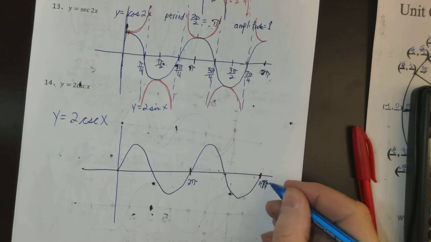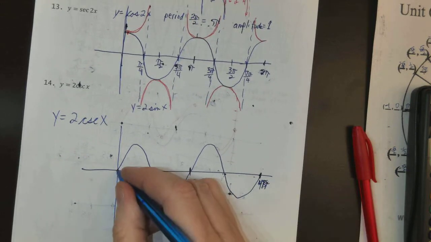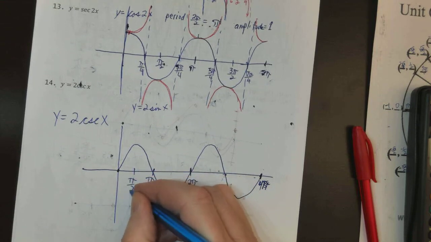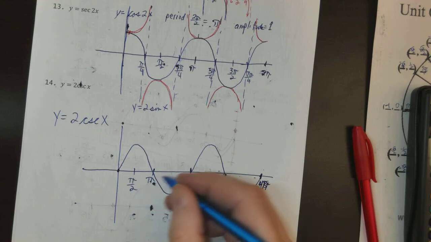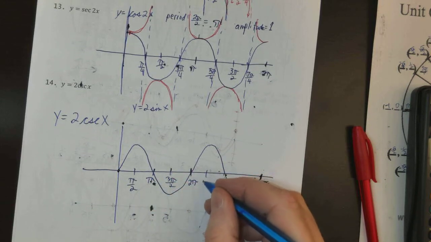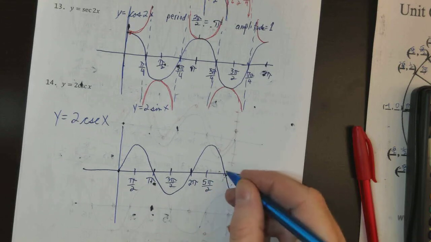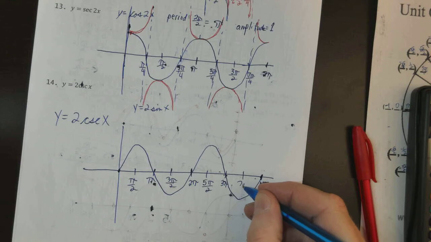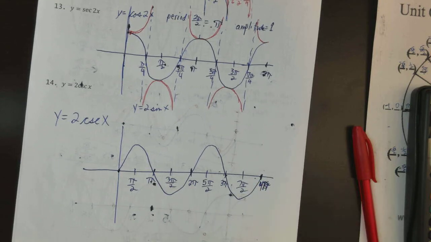Here's 0. This is pi. This is pi over 2. 1 pi over 2, 2 pi over 2, 3 pi over 2, 4 pi over 2, 5 pi over 2, 6 pi over 2 is 3 pi, 7 pi over 2, and 8 pi over 2.